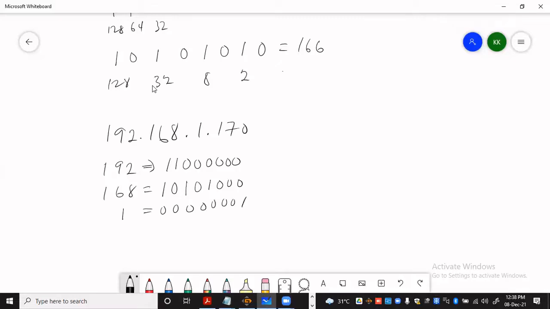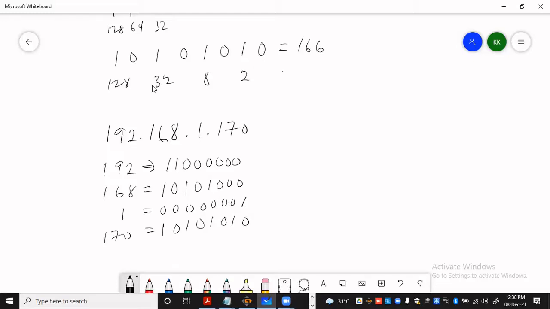And then 170 is what? Since we knew this was like this, we have to just flip 2 more on. We have to flip the 2 on. So it becomes 10101010. So I've just converted this IP address into its binary format.